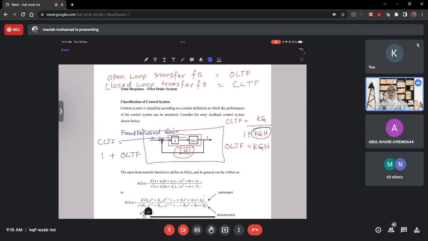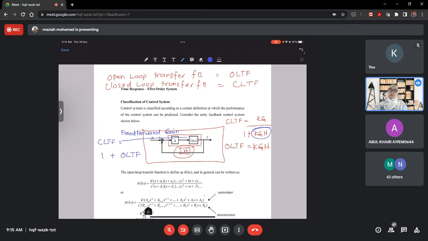For closed loop, it is the feed forward gain, any gain at the feed forward path, you multiply that and then divide by 1 plus open loop transfer function, where open loop transfer function is the feed forward gain multiplied with the feedback gain. So that's how we determine open loop and closed loop transfer function.